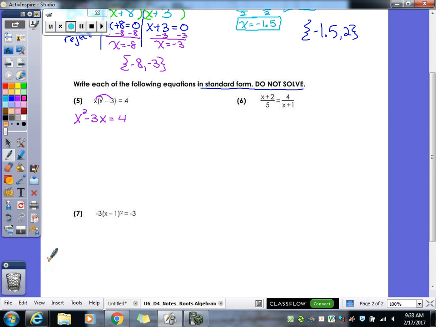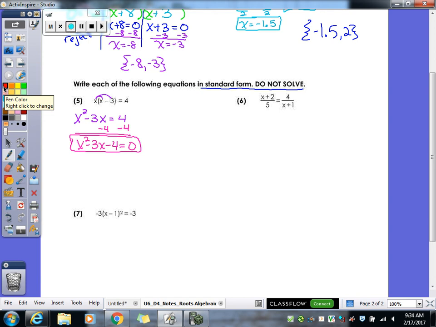No. What has it got to be equal to? 0. So what do I have to do with the 4? So x squared minus 3x minus 4 equals 0. Is that now standard form? Yes. Some of these, sometimes you have a little more work than just adding or subtracting something over. Like that one, we had to distribute first.